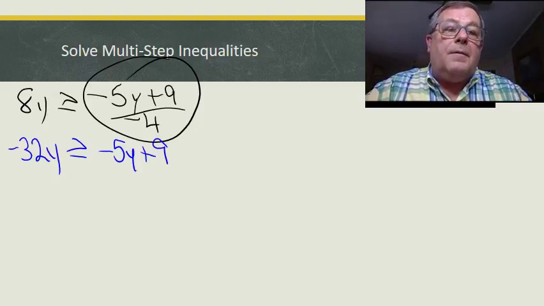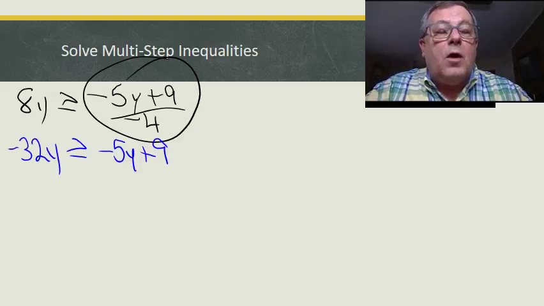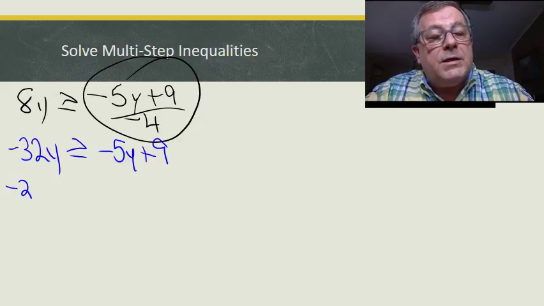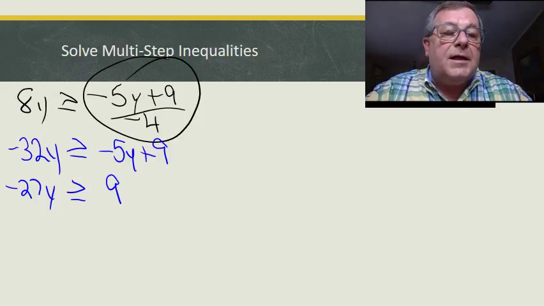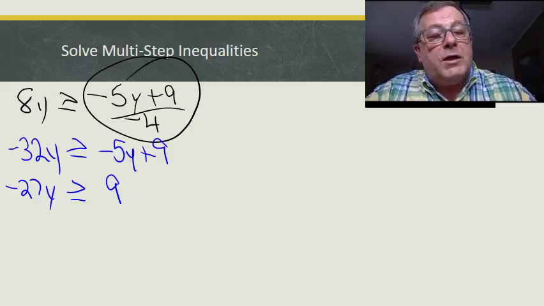I want to get my variables all on one side of the equation, so in order to do that, I'm going to add 5y to both sides. And so negative 32y plus 5y is going to give me negative 27y greater than or equal to 9. And so to isolate the variable, I'm going to divide both sides of the equation by negative 27.